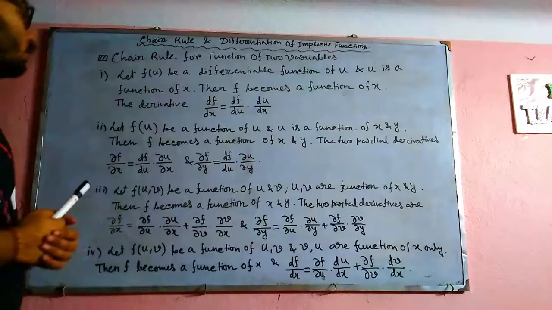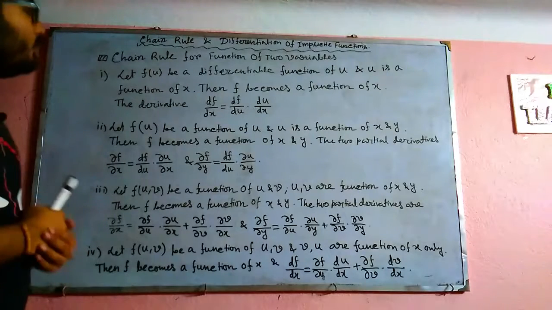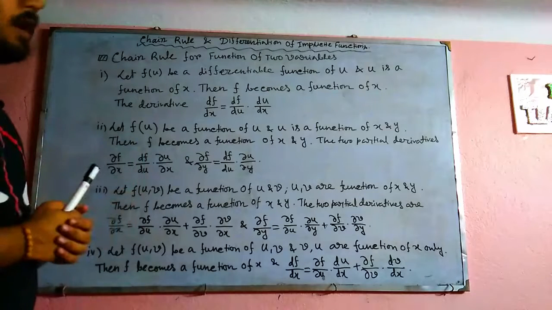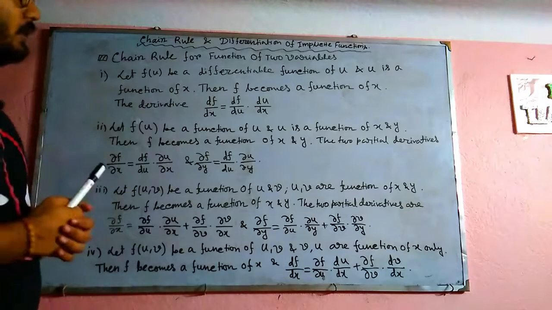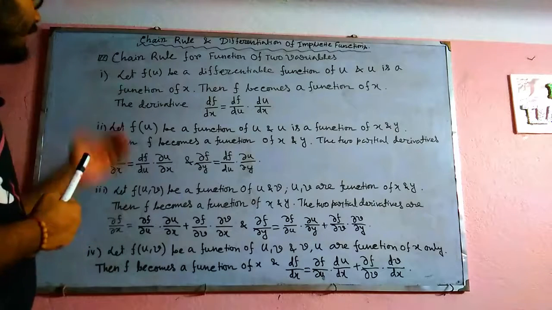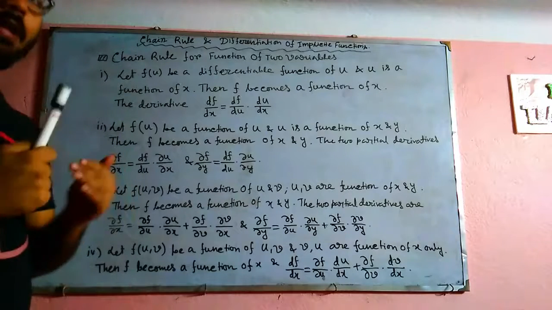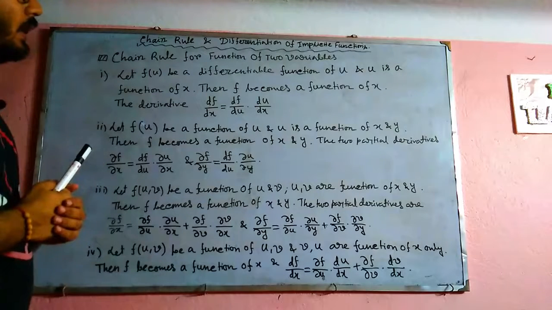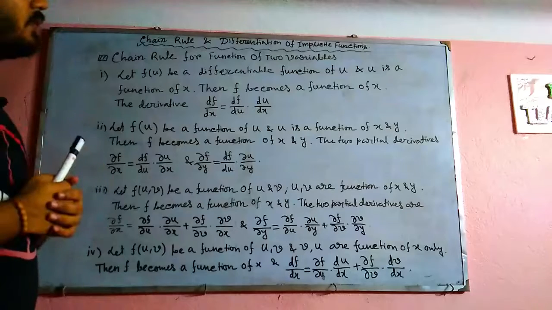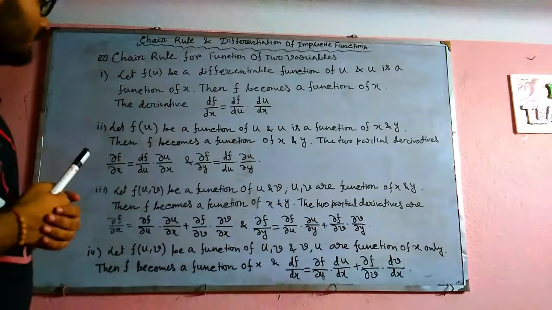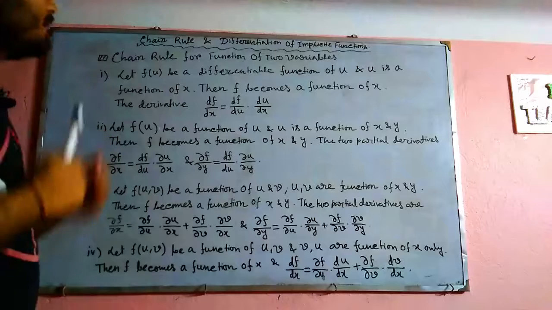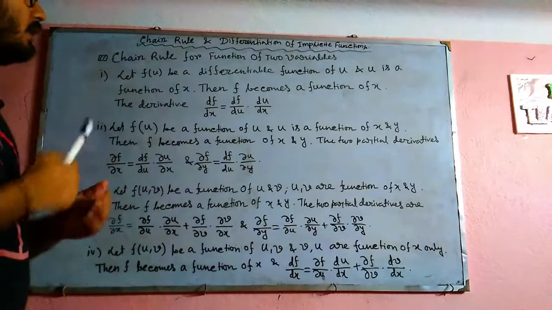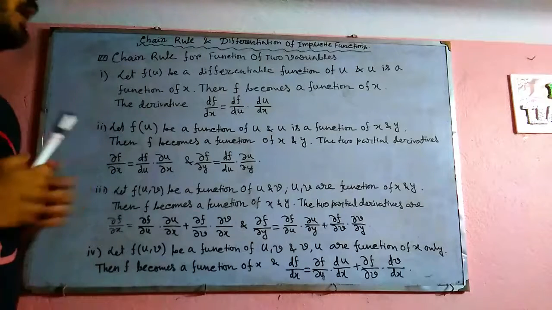Now our rule number 2. Let f(u) be a function of u, and u is a function of x, y. Apparently f is a function of one variable and u is a function of two variables. So ultimately f becomes a function of x, y.